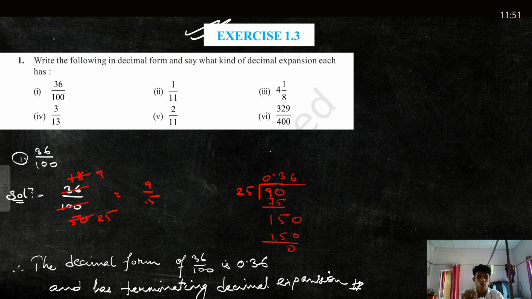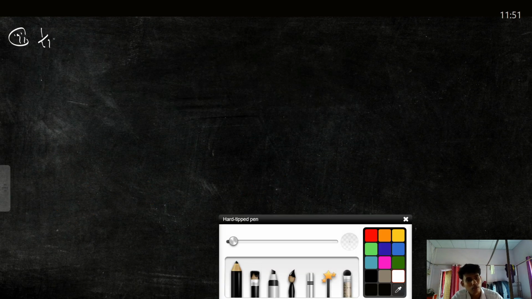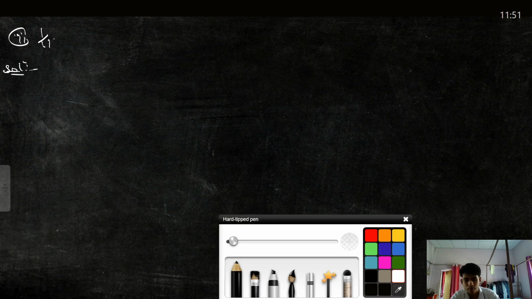Now question number 2, it says 1 by 11. Solution. So 1 divided by 11. Since 1 is less than 11, we first put the quotient as 0, then make it 10.